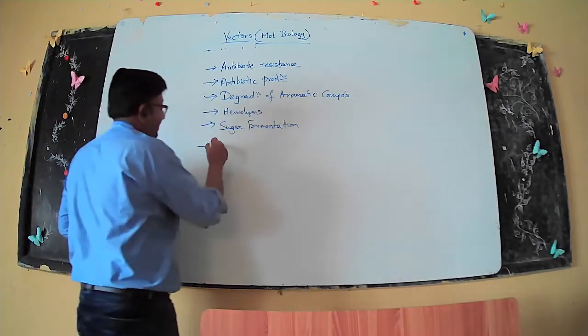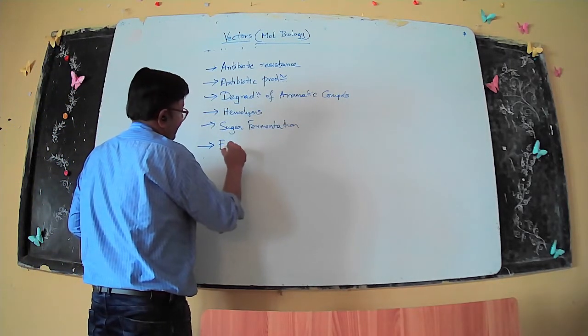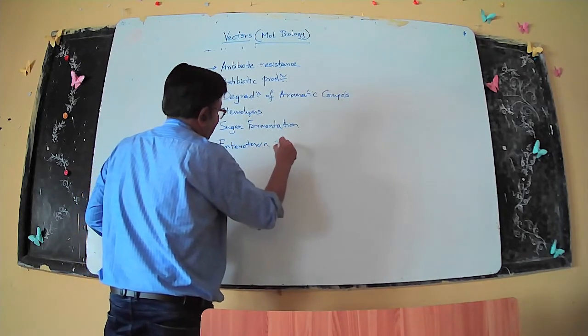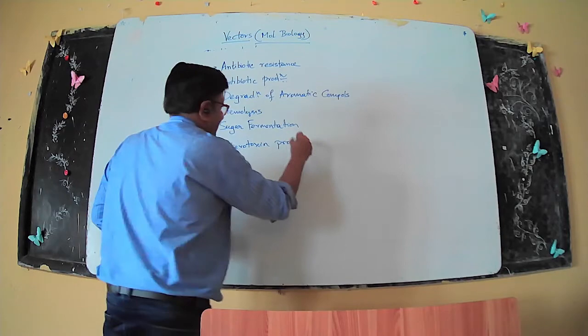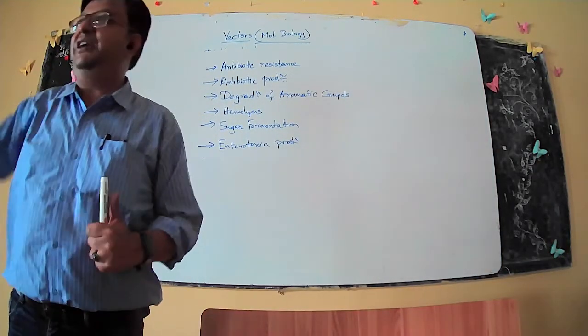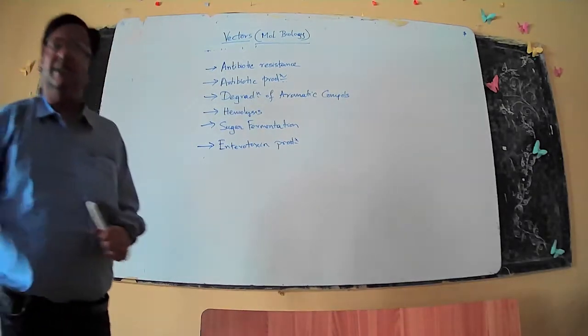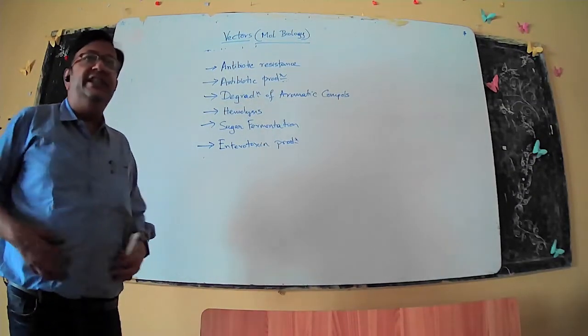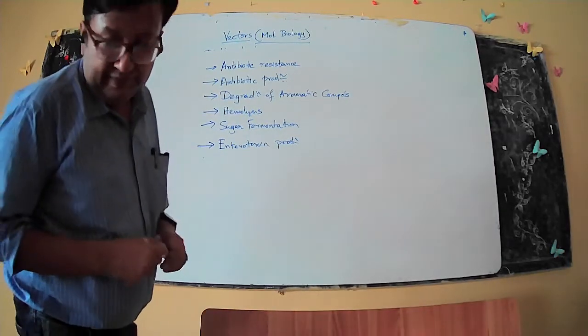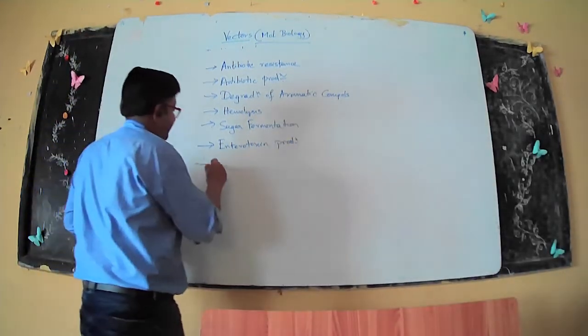Enterotoxin production. Because of these enterotoxins, you hold your stomach and run to the toilet. These enterotoxins cause irritation in your stomach, an upset stomach. Heavy metal resistance.